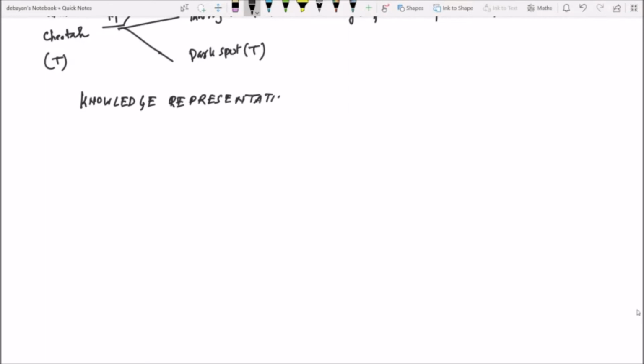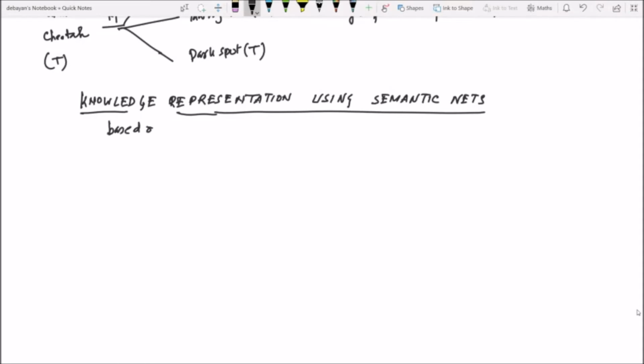This is one of the techniques. The first technique is the rule based technique, and this is the other technique, where we use semantic nets, and that is based on network structure.